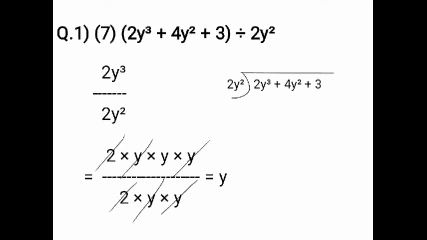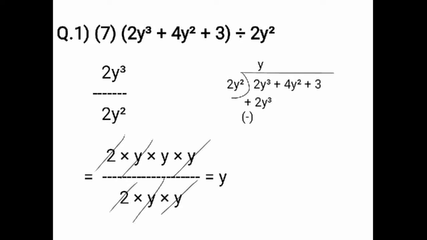So you have to write in this place now: 2y square into y, you get the answer plus 2y cube. When you multiply this, what answer will you get? Plus 2y cube. You have to put the opposite sign, minus now, because the plus sign is there. 2y cube minus 2y cube, the answer is 0.